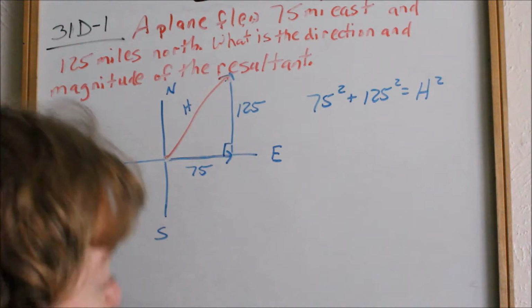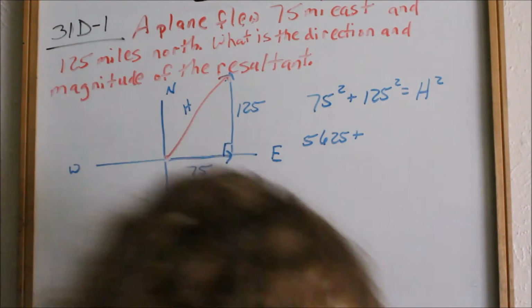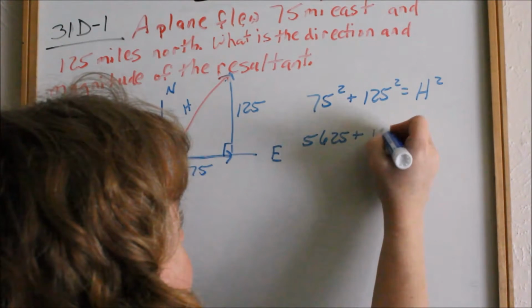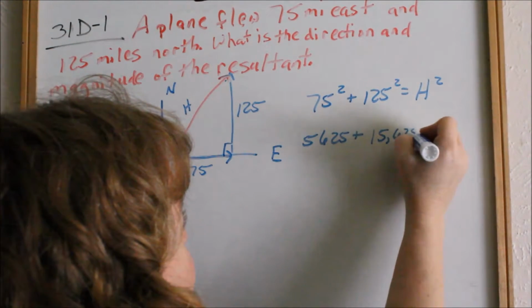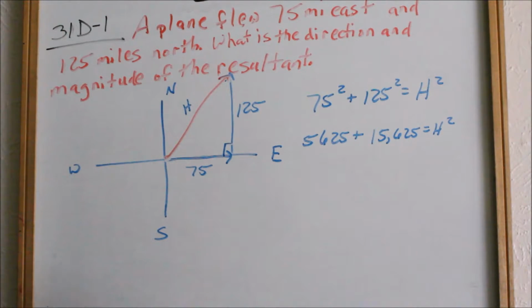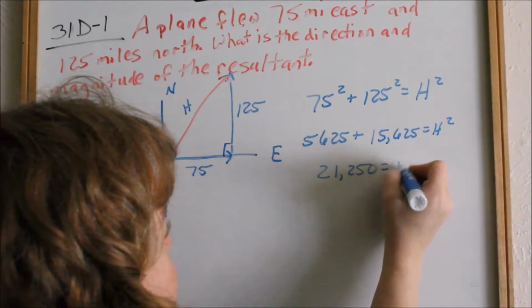75 squared is 5,625, plus 125 squared, 15,625. Adding those two numbers together, 21,250.